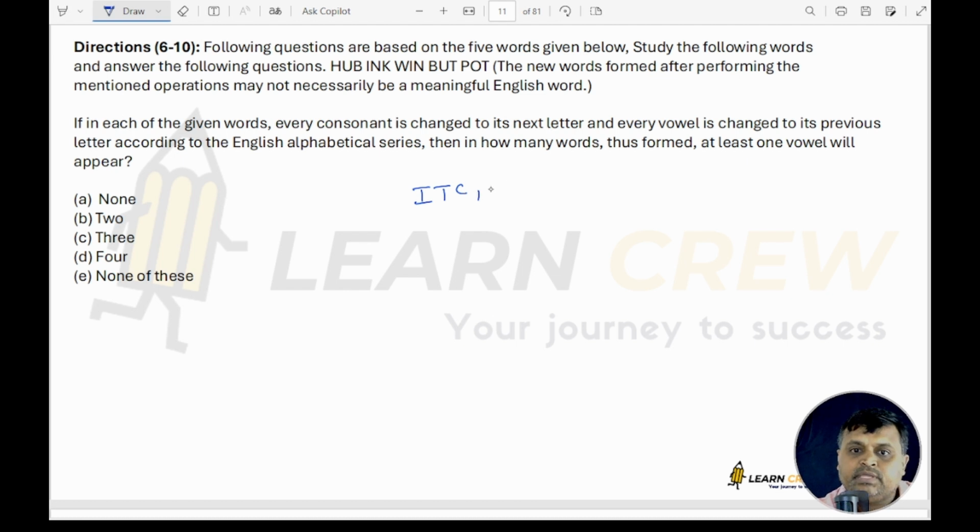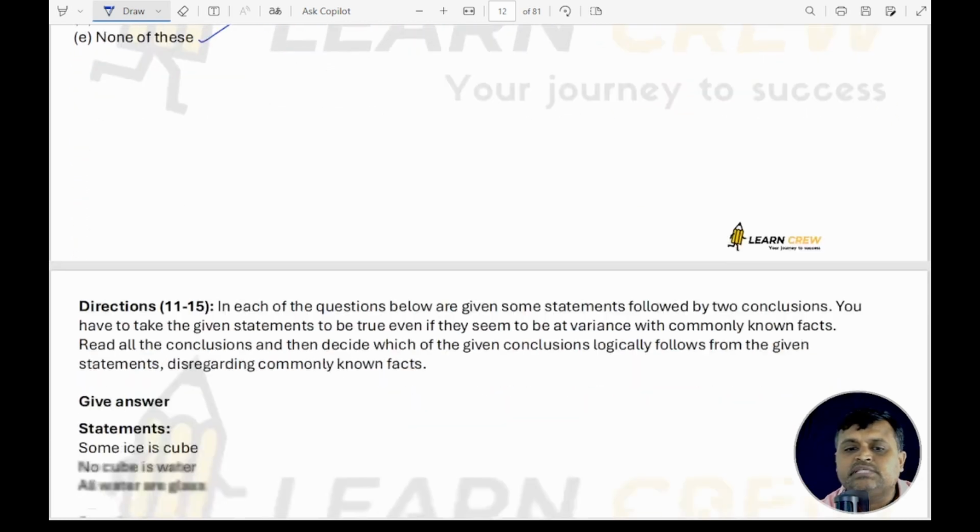Second one will become HOL, third one XHO, fourth one CTU, and fifth one QNU. Now at least one vowel will appear in how many? Here you have a vowel, here, here, here, here. So all five. So the answer is 5. 5 is not there in the ABCD options, so the answer is none of these.